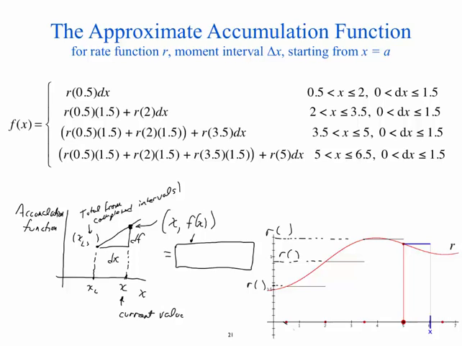Okay, so questions before we move on? Yes, please. No, we don't. In the current interval, it varies. That's the whole point. That's why this is a function, because we can get the total accumulation at any x value. So if the x value is 4, now we're in the third interval, and dx is taking on a value of 0.5.